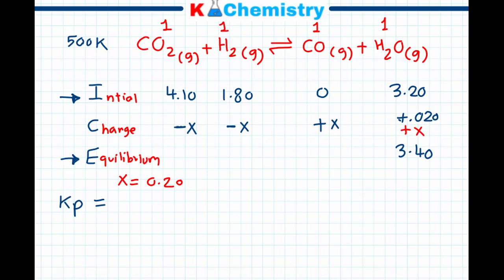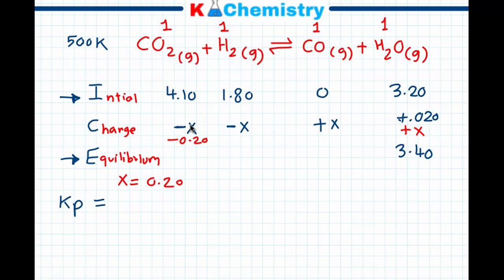So this means that the CO2 has decreased by x, so it has decreased by 0.20. If initially it was 4.10, I would expect it to be 4.10 minus 0.20. But how will I know that?